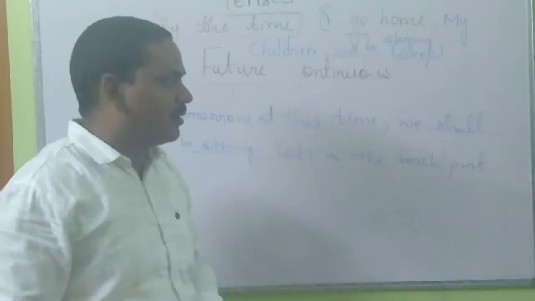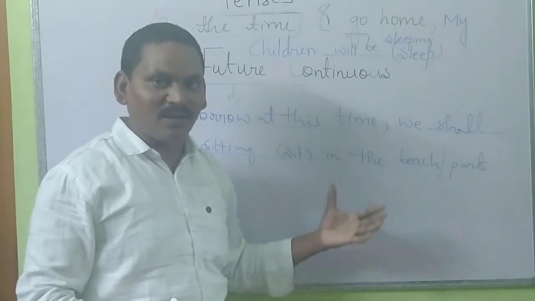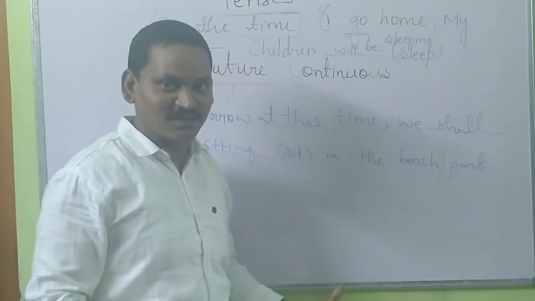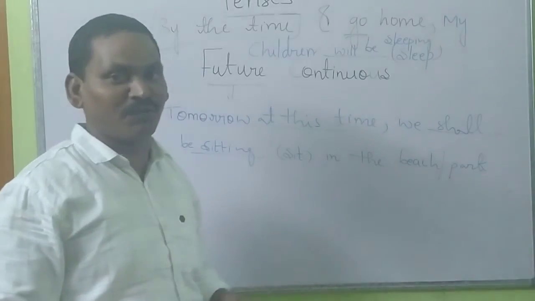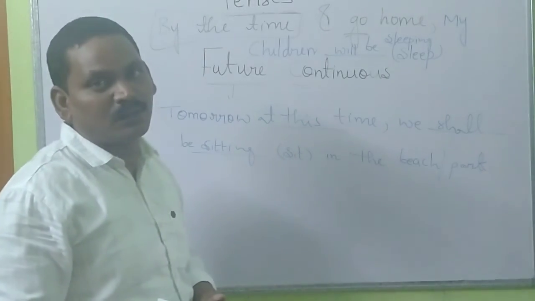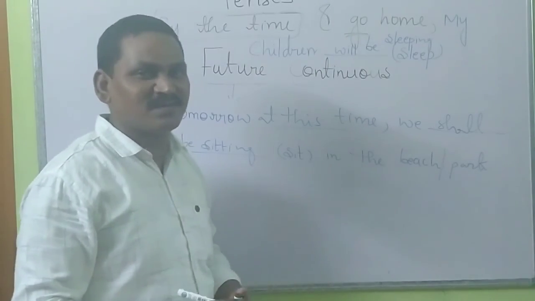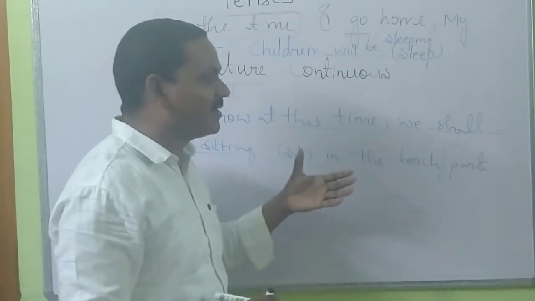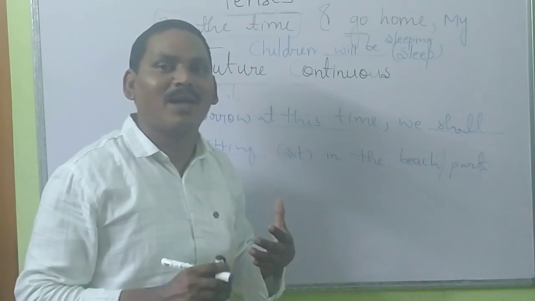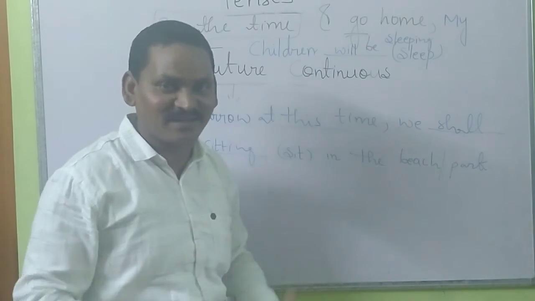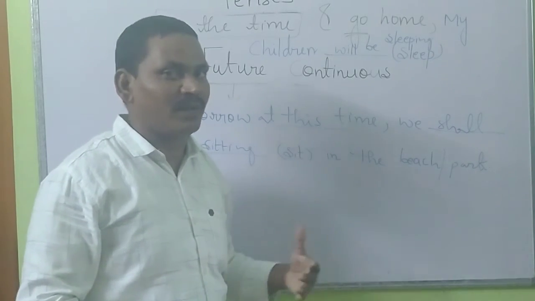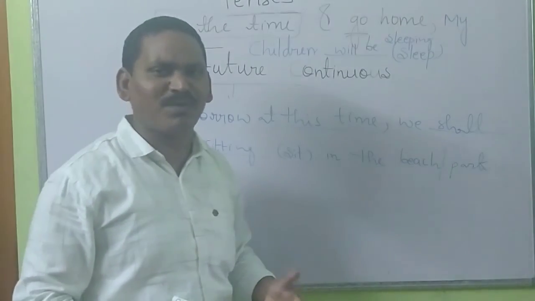Along with simple future indicators, we can find at this time. So try to understand these along with by the time plus V1. I hope you are all enjoying my classes and understanding this. I assure you they will definitely be useful for every competitive examination.